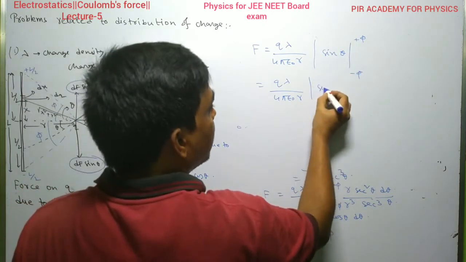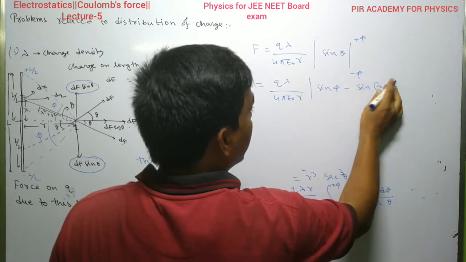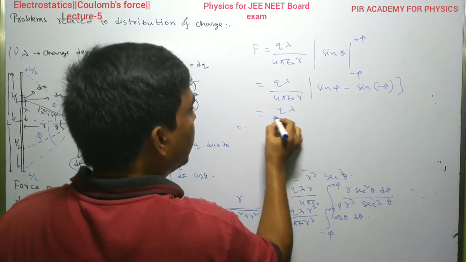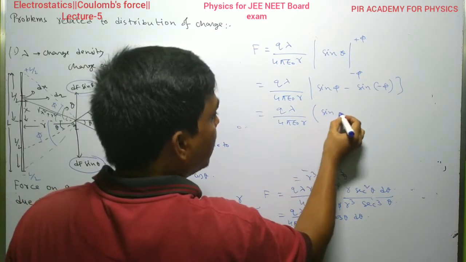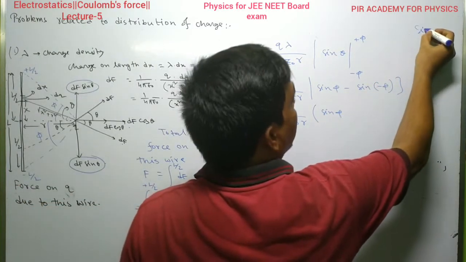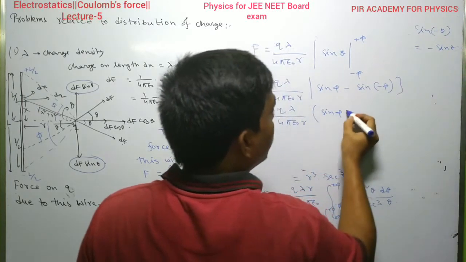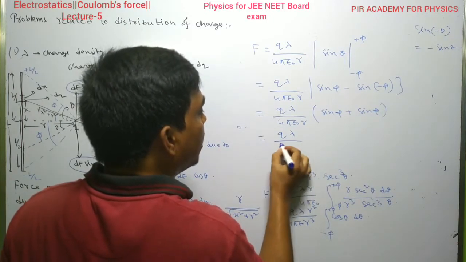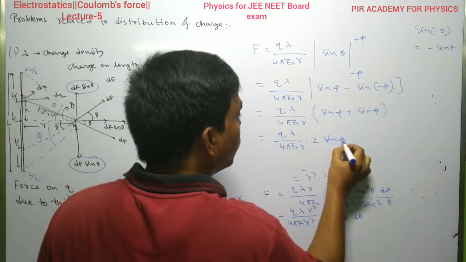Here is sin phi, and minus of minus sin phi, so it will be plus sin phi. So it will be Q lambda by 4 pi epsilon naught R into 2 sin phi.